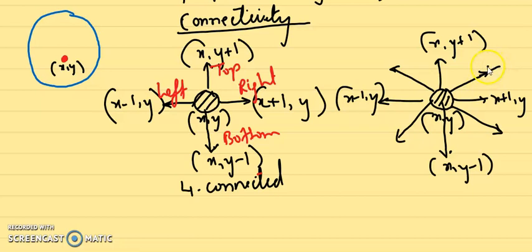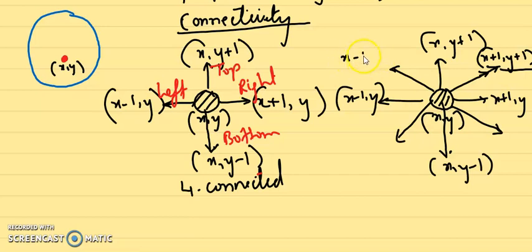Okay. So what is this value? This value is when I move to the right and I move above. Move to the right and move top. So then both are going to increment. So this becomes x plus 1 comma y plus 1. Right? What is this then? I am moving to the left but I am moving at the top.